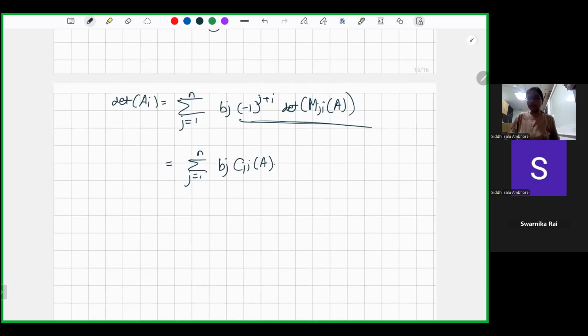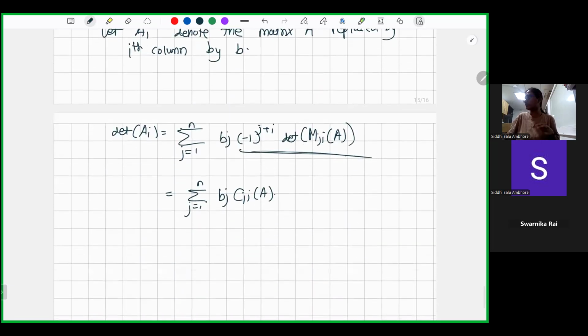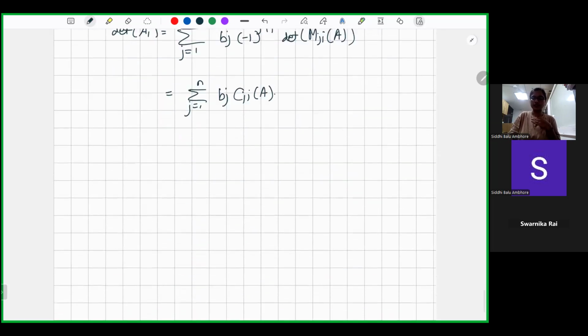And that's why xi becomes this divided by determinant of A. So this determinant of Ai is essentially the summation of the cofactor times bj.